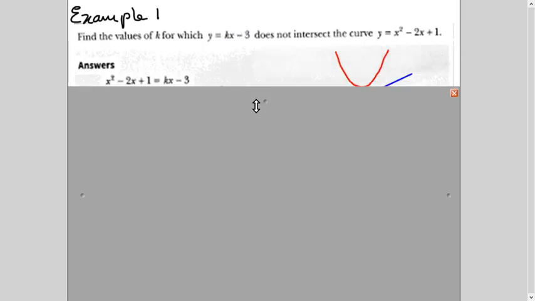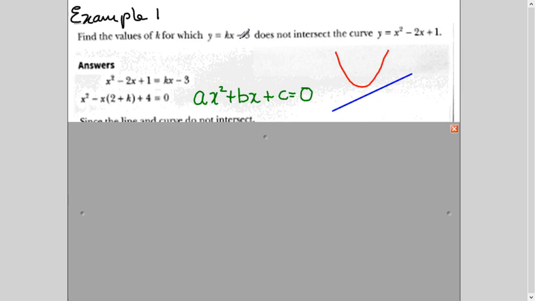Because if you change the value of k, they may intersect. So the question is asking what those values are. When you plot them, they should not meet. So how will you find those values of k?